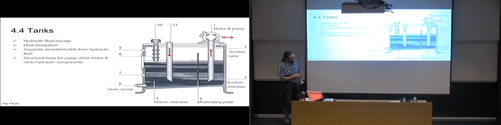As you can see here, it has a sloped bottom, this tank. That is so that everything that gets down to the bottom here, of water and particles and stuff, will end up down by the drain screw.